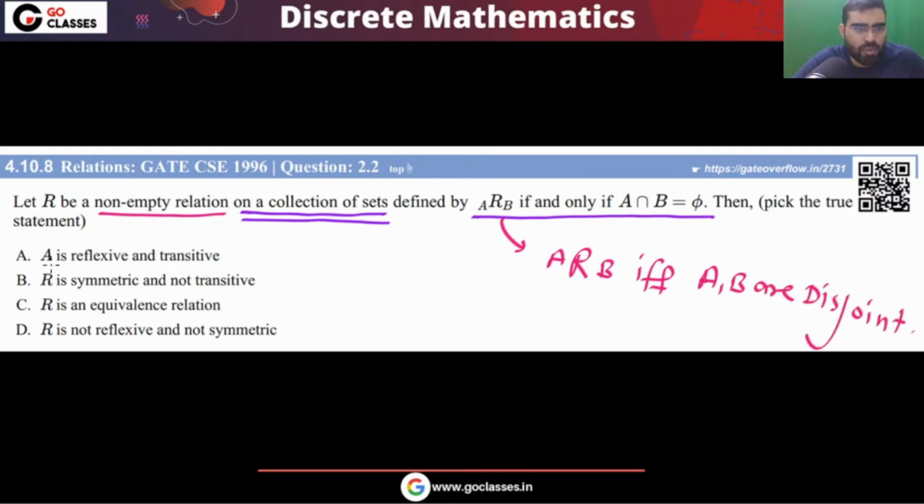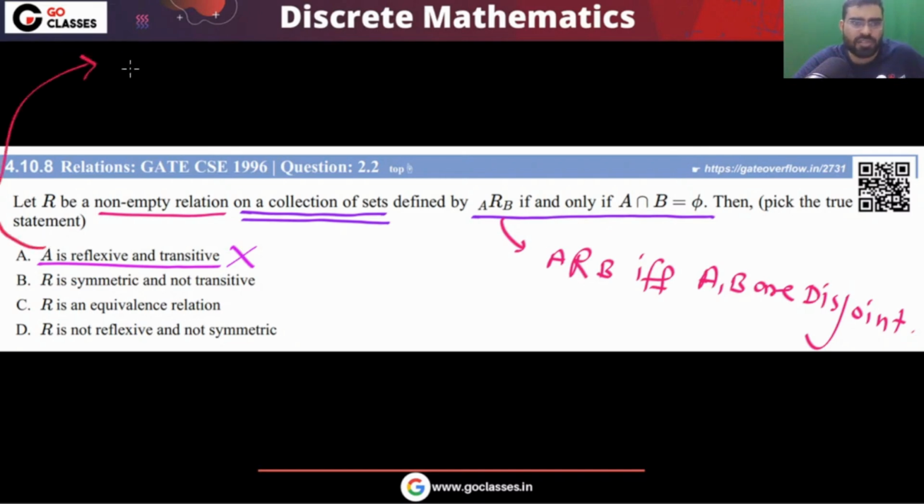First of all, this option you can very easily cross out, because reflexivity, transitivity, etc. are properties of a relation, not a property of an element, right? Correct? Are you getting my point? So you can very easily remove this option.